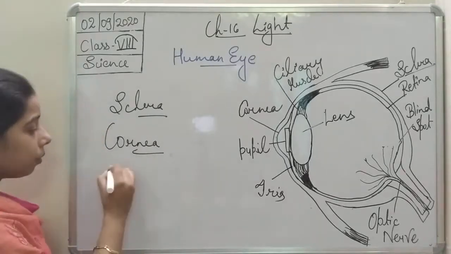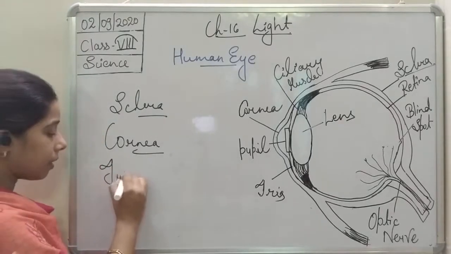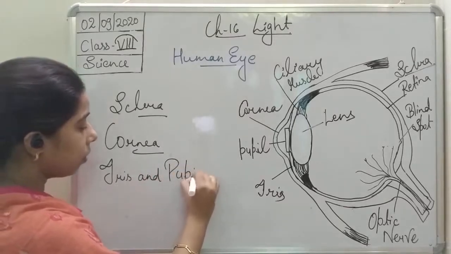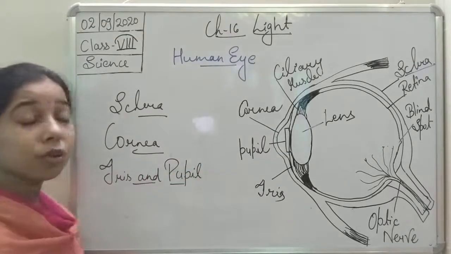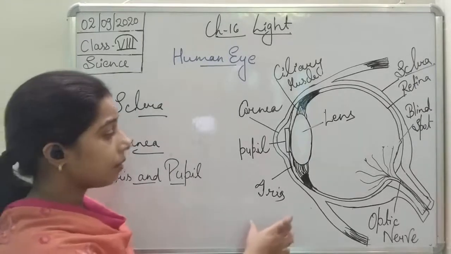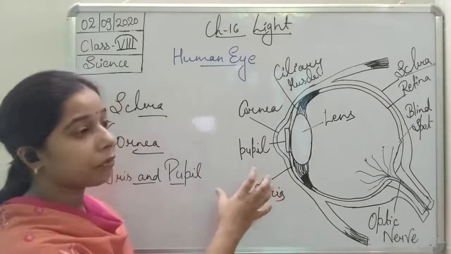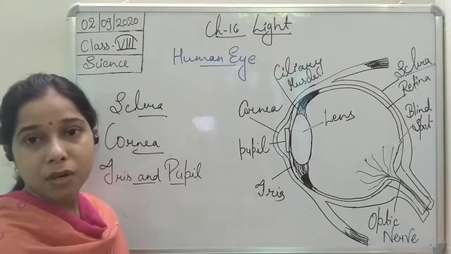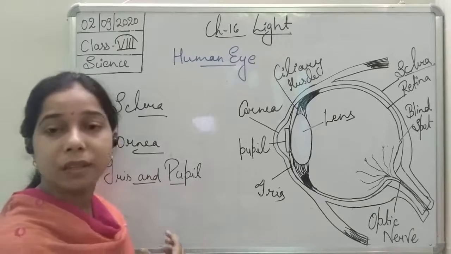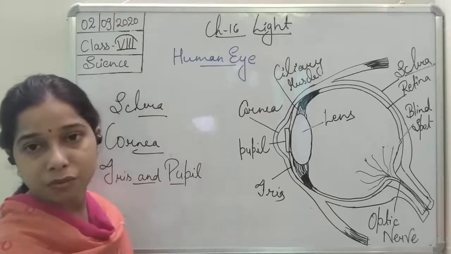The third one, students, is iris and pupil. So iris is what? It is the colored diaphragm of the eye, and it helps in giving color to the eye.